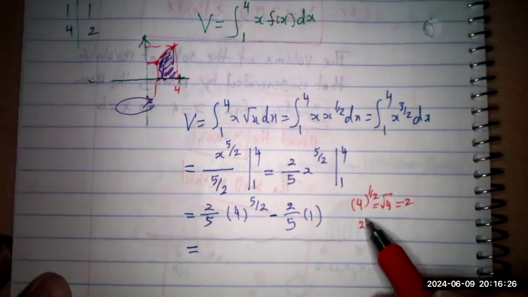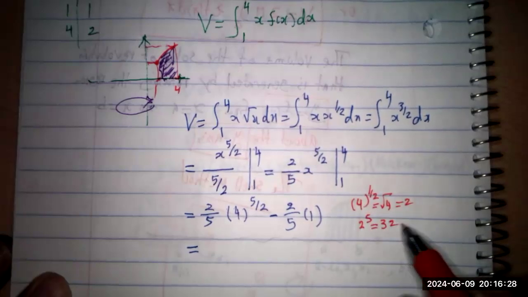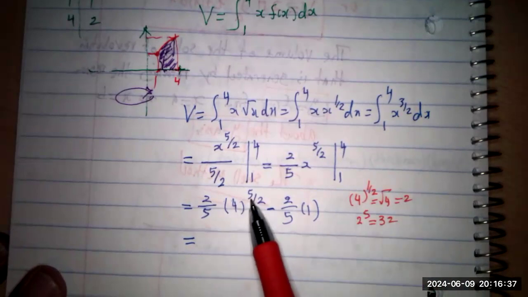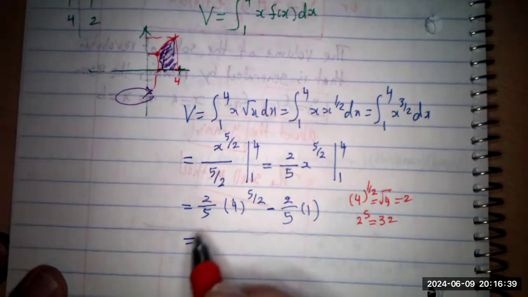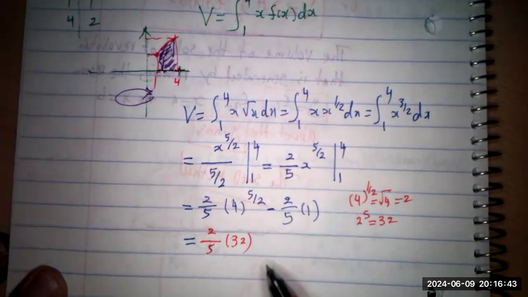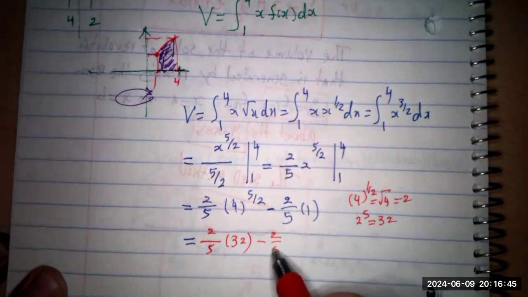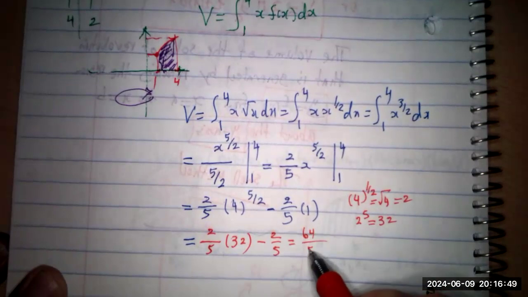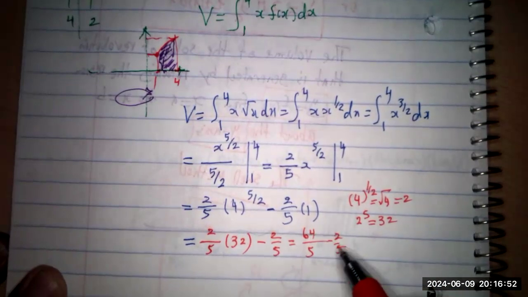Then 2 to the 5th would be 32. This is the way you find it, or use a calculator. So that gives 2/5 times 32 minus 2/5, so that gives you 64/5 minus 2/5.